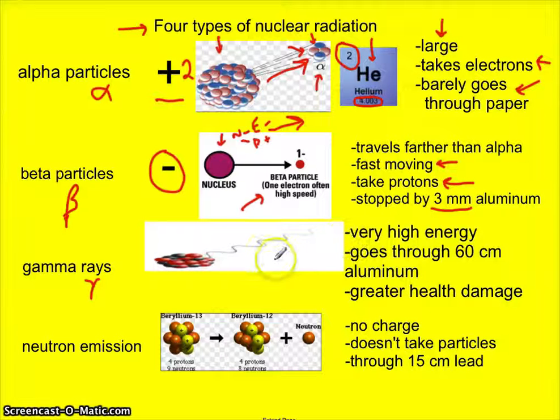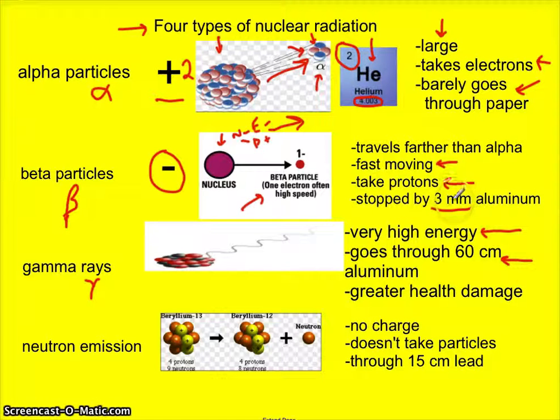Hey, you've heard of electromagnetic waves before. Those are waves that come from the sun and do not need any medium. So sure enough, gamma rays do not need any medium. So they could go through a vacuum, and yes, they are very high energy. Now, they don't make ions like alpha and beta. So as a result, that doesn't slow them down. And yes, they can go through 60 centimeters of aluminum. That's a lot of aluminum.